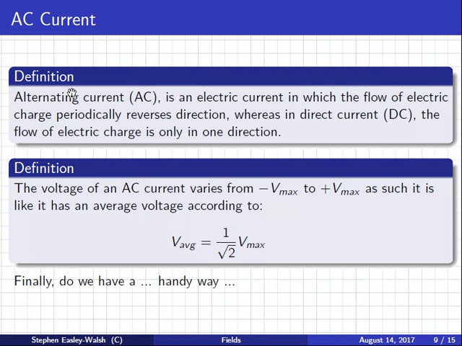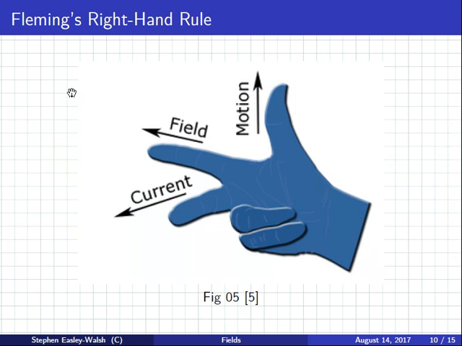Finally, do we have a handy way to figure out which way the induced current will flow? Yes, we do. We have what's called the right-hand rule. No, last time was the left-hand rule.